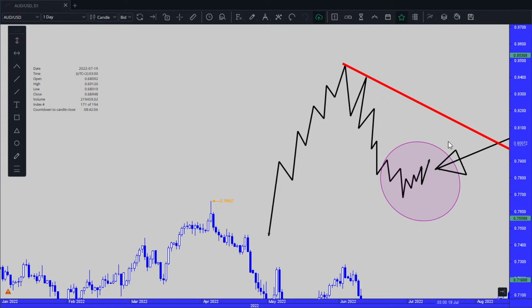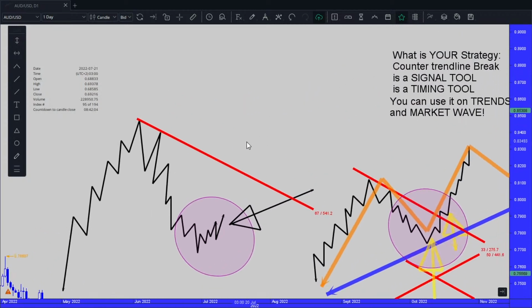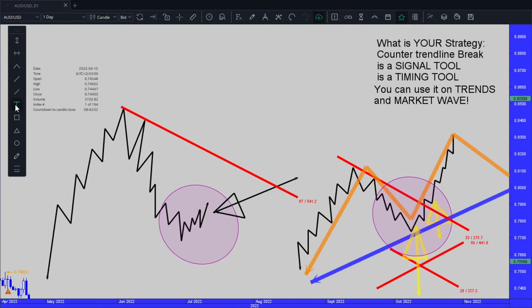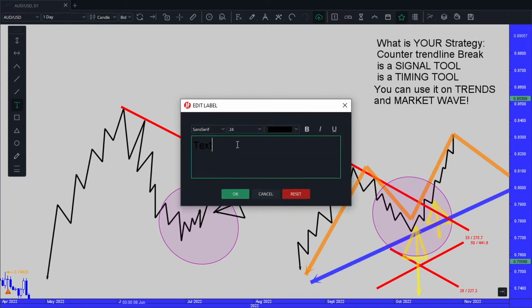Don't confuse. Okay, don't confuse, golden nugget. Golden nugget. Don't confuse trend lines with counter trend lines. Okay, counter trend line is just one.